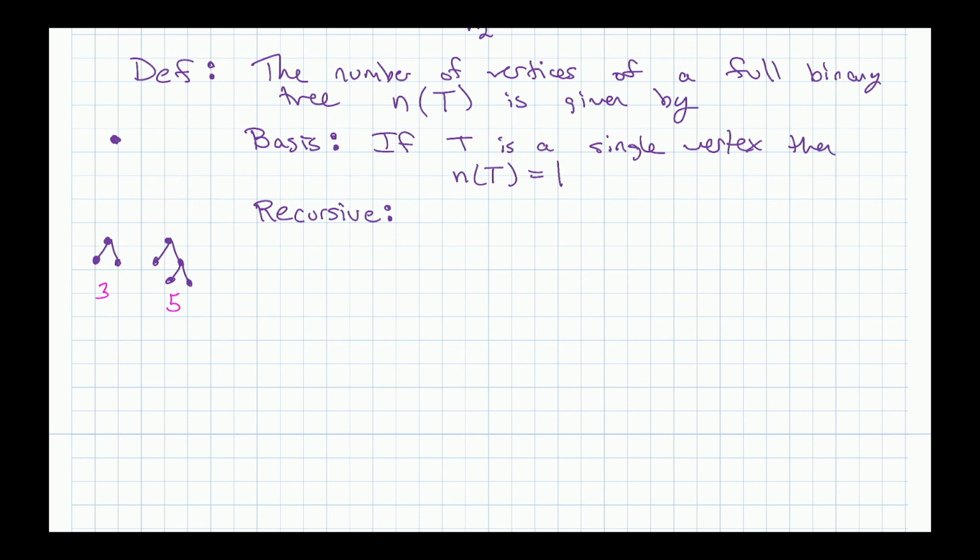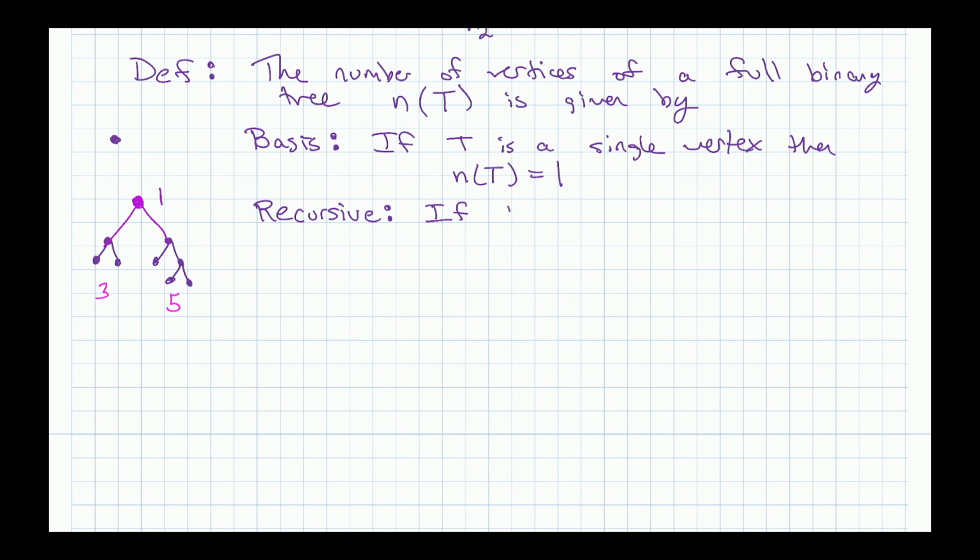And then if you add a new vertex in, how are you going to get the number of vertices in this resulting tree? Well, you're just going to have to add up the 3 and the 5 and the 1, right? So it's just add those all up, and that'll be the number of vertices in this binary tree.